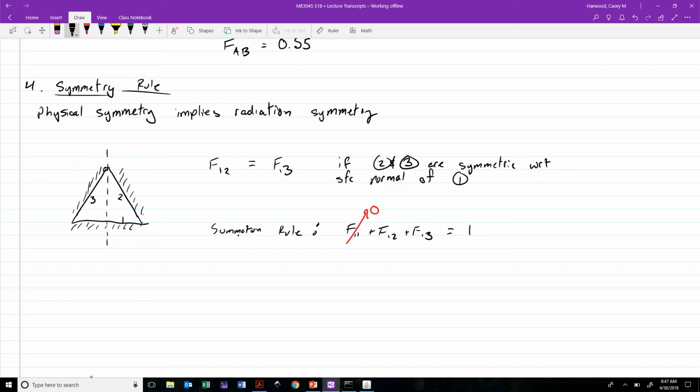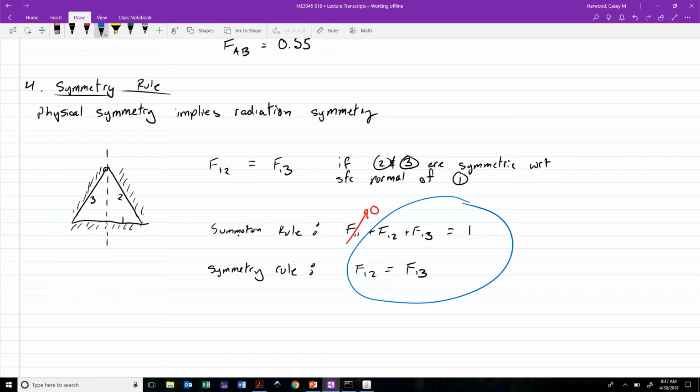And then we have the symmetry rule, which says that F12 is equal to F13. From these two equations, the only solution we can get is that F12 and F13 are both equal to 0.5. Again, simple but logical steps that you need to take in order to deduce the view factors.